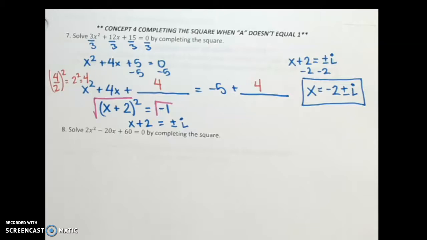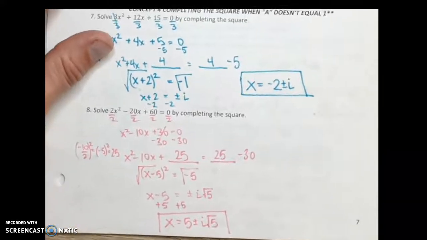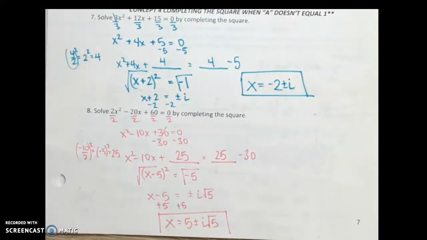I'm going to go ahead and show you the answer there, so go ahead and pause. There we go. Number 8 is there. x equals 5 plus or minus i root 5. And I'm going to go ahead and just pause this video and start a new one for the last page.